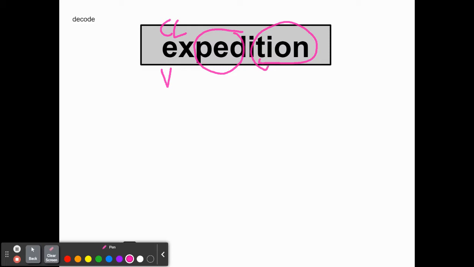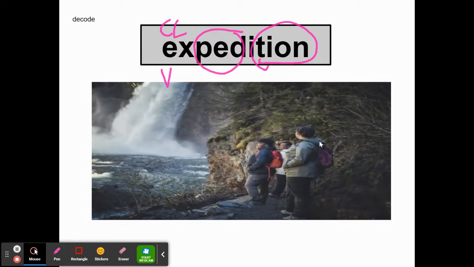So this i kind of says its own sound there. It would usually say i if it was by itself, but we don't say expedi-tion. We say expedition.